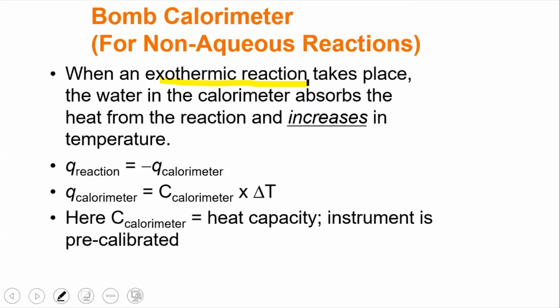So all of those components form our surroundings, and so we had to calibrate it to find the heat capacity of the calorimeter. All right, so that's the way it works.